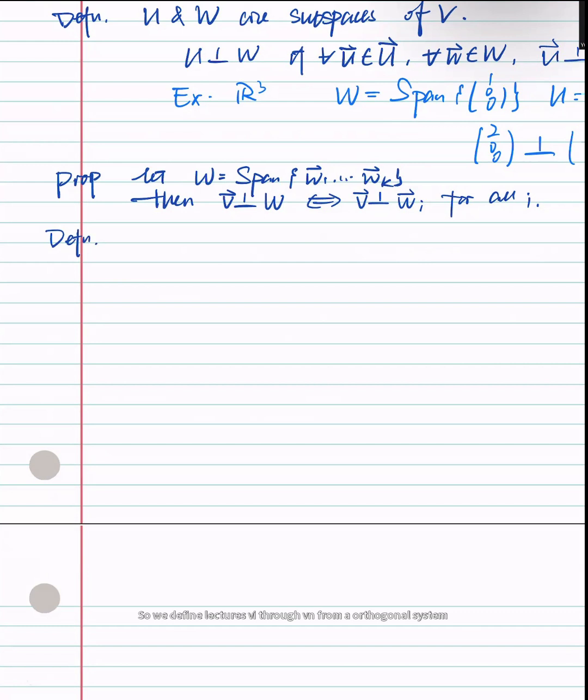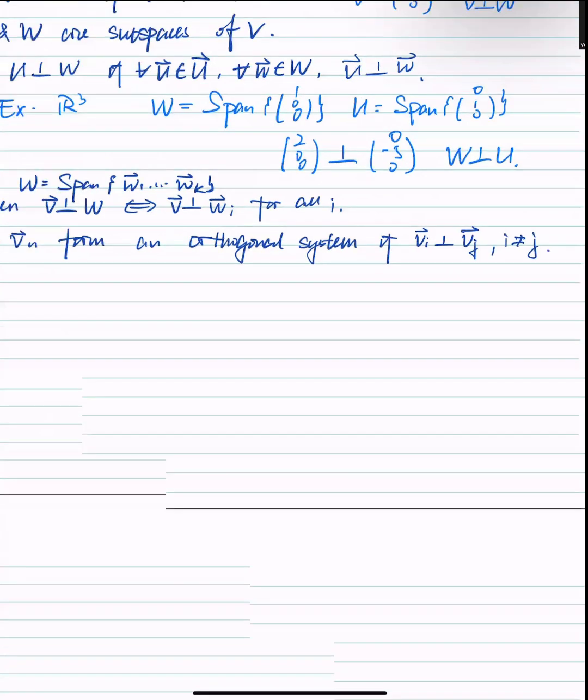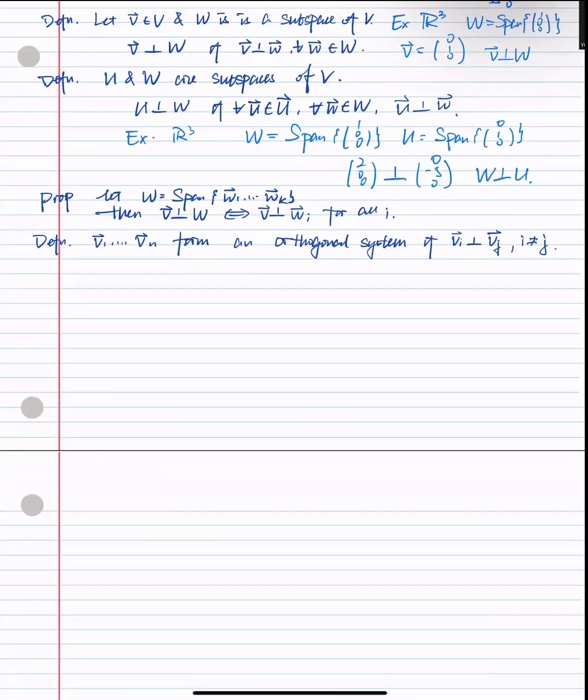We define vectors V1 through Vn to form an orthogonal system if Vi and Vj are orthogonal for any i and j where i does not equal j. In this case, we also say they are pairwise orthogonal.